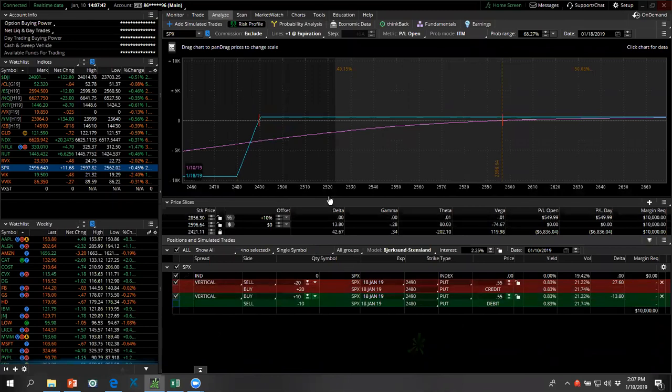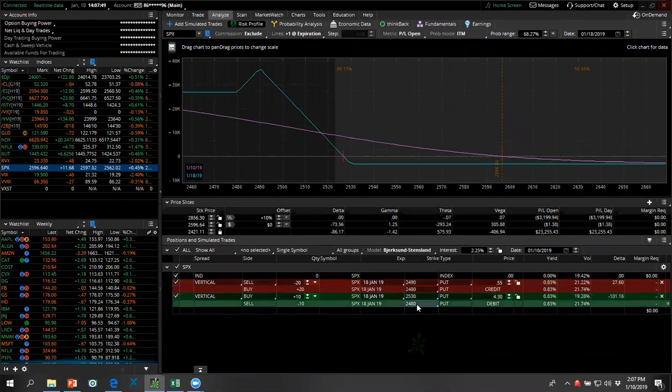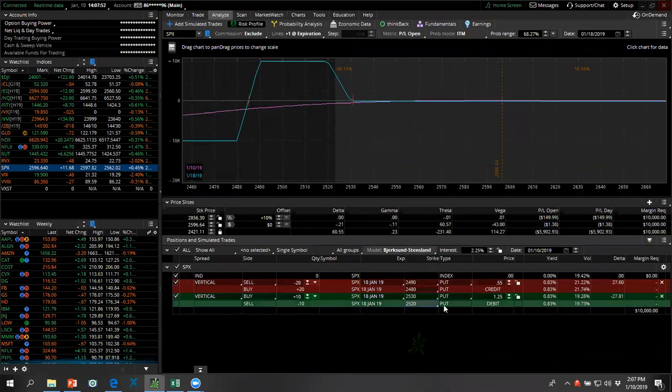So let's change these to a 25.30. Let's go above it. 25.30, 25.20. Now I've added a debit spread above my put credit spread, and I've done it for half of the lot size. Okay. Well, look, I have reduced the margin by half. I still have profit potential, albeit in a limited range, but that might be acceptable for the strategy.